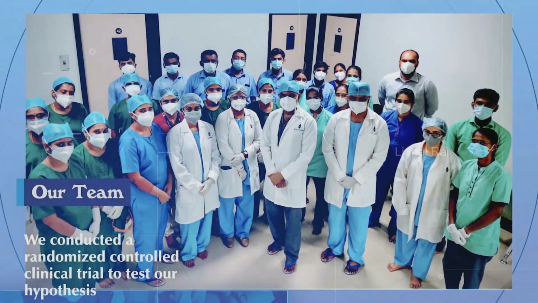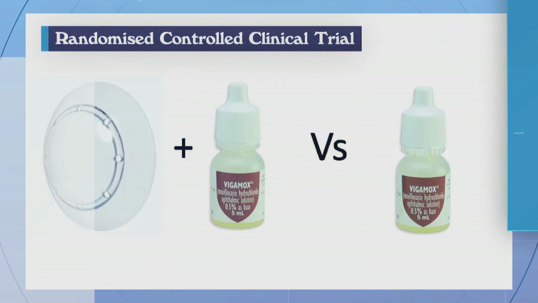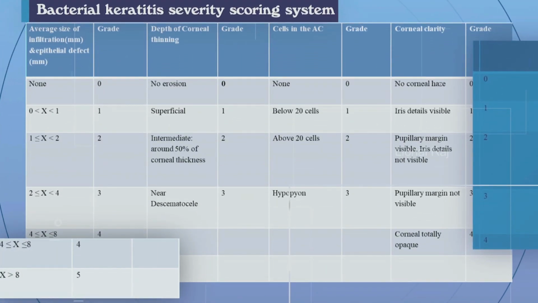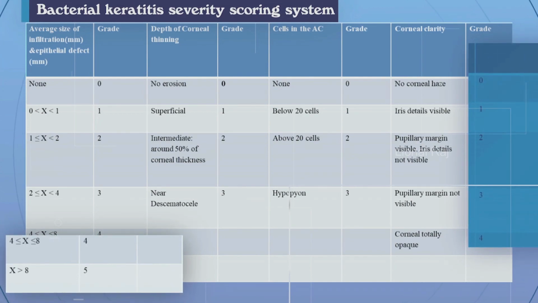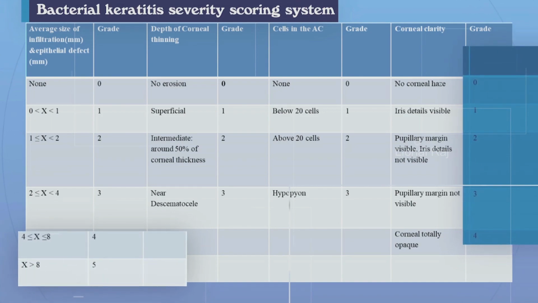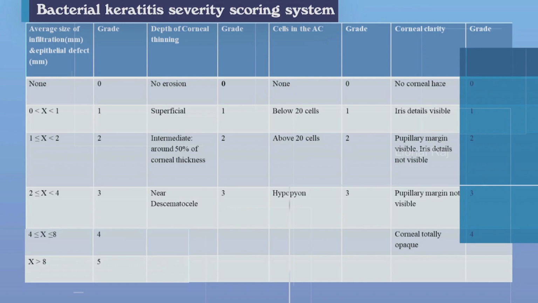We conducted a randomized controlled clinical trial to test this hypothesis, comparing topical antibiotic alone and topical antibiotic with repository contact lens in cases with bacterial keratitis, by measuring ulcer and infiltration sizes using bacterial keratitis score, pain analog scale, improvement in vision, corneal haze, and anterior chamber reaction by 12 hours, day 1, day 3, day 5 and day 14.